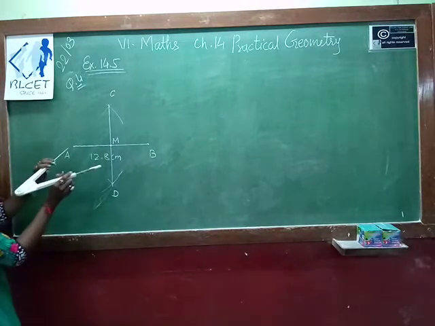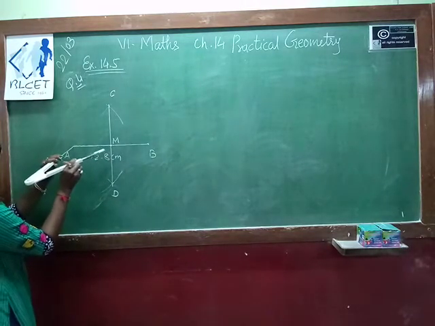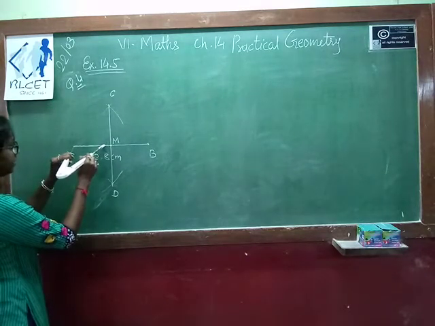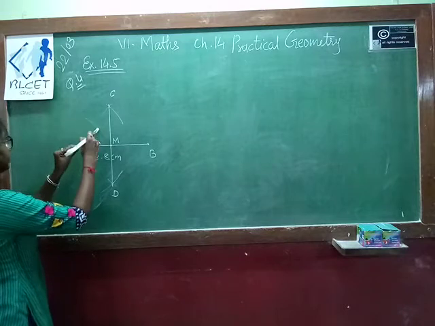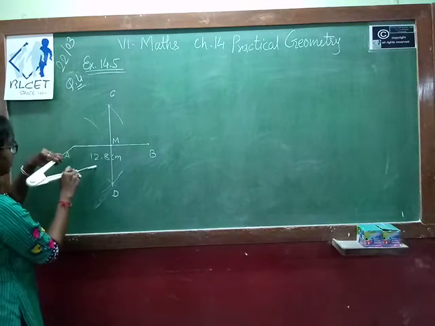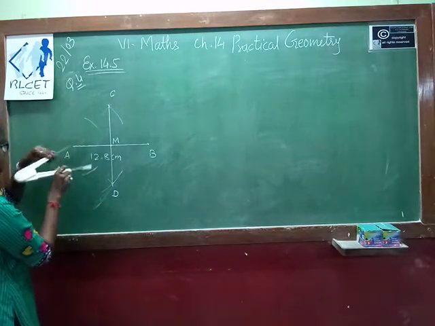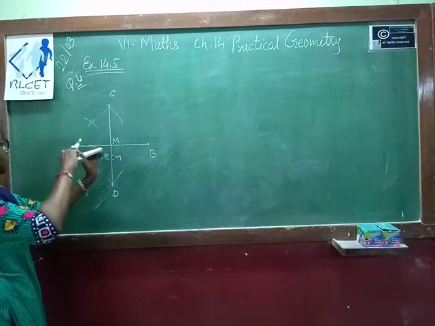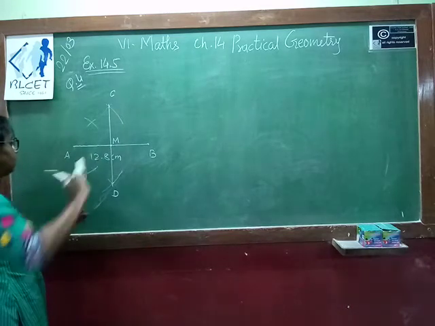So now we divide AM. More than half you can take, draw the arc above and below. Without changing the measurement, draw the arc above and below.